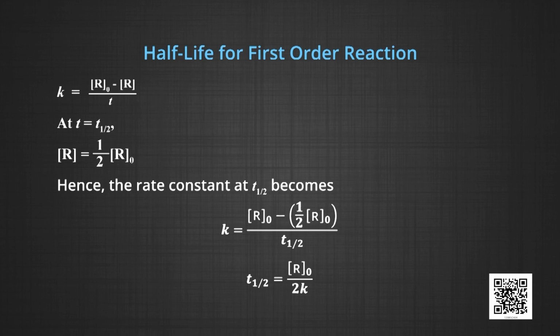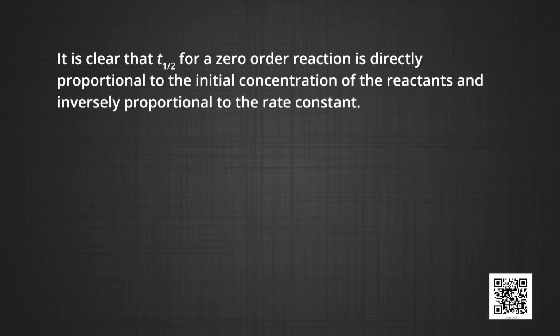Now, t half will come out to be R0 divided by 2k. It is clear that t half for a zero order reaction is directly proportional to the initial concentration of the reactants and inversely proportional to the rate constant.